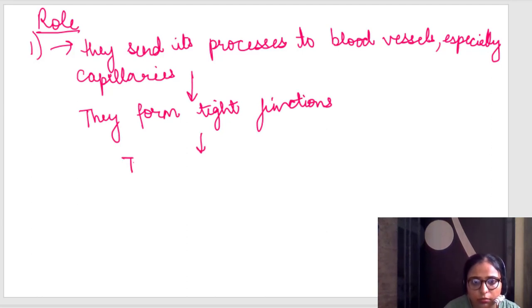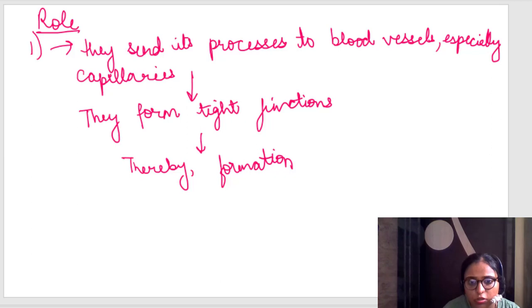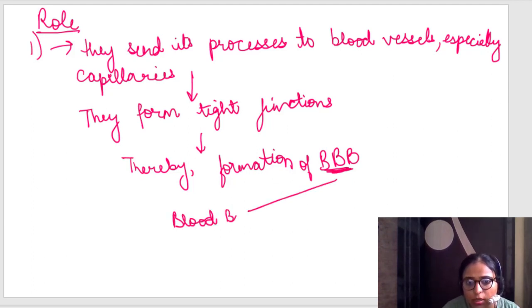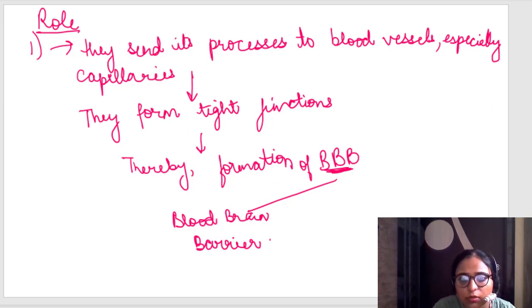Thereby formation of what? Triple B. And what is your triple B? I have already told you, that is your blood brain barrier. Now you know that your fibrous astrocytes form the blood brain barrier by forming the tight junctions, by giving their processes to the blood vessels, especially the capillaries.